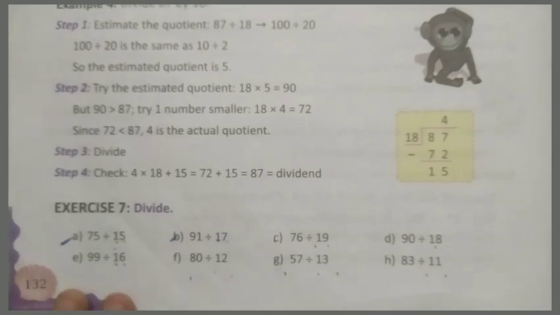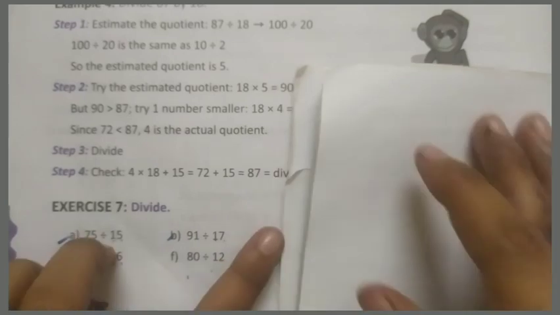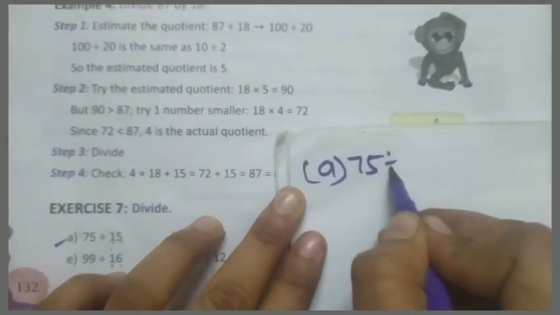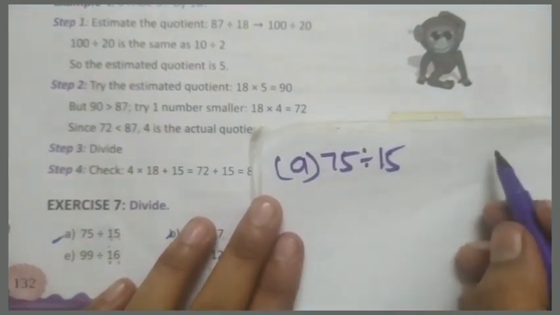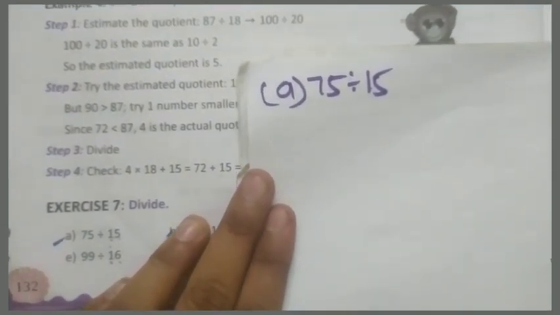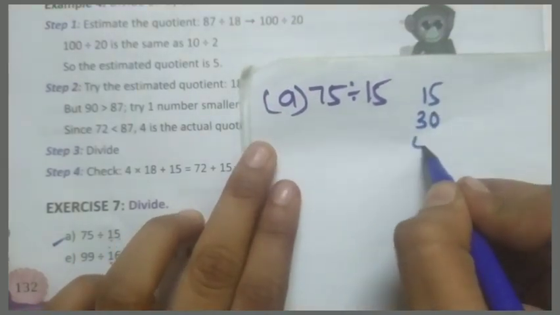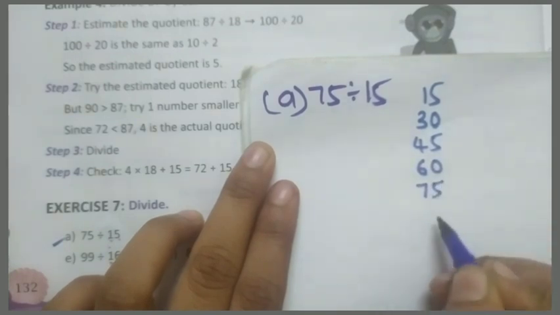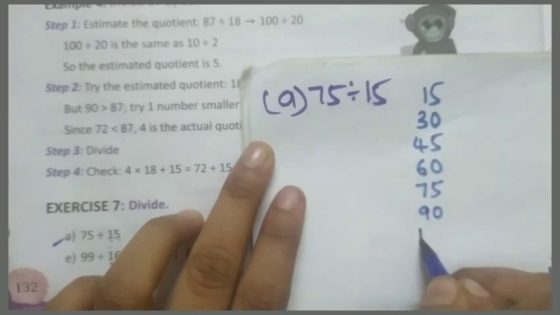Now, I will explain A. Look here, 75 divided by 15 is there. For this, we will write the 15 table here. 15 ones are 15, 15 twos are 30, 15 threes are 45, 15 fours are 60, 15 fives are 75, 15 sixes are 90, 15 sevens are 105.